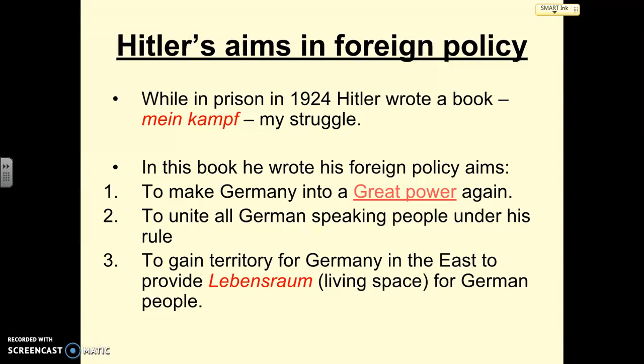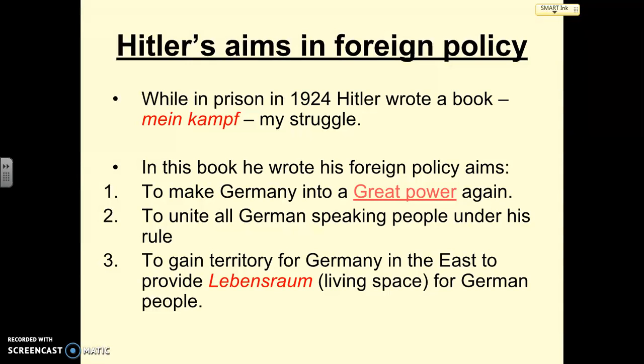And to his mind, these people should be under his power, regardless of where they live, whether they live in Germany, in some of the French territories, or even in the United States. So his second aim is for all German-speaking people to be under his rule.